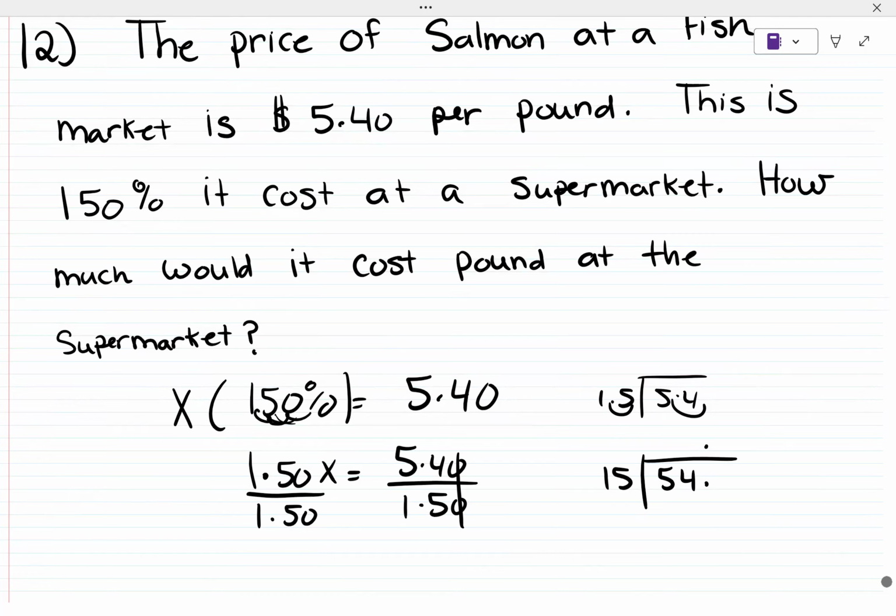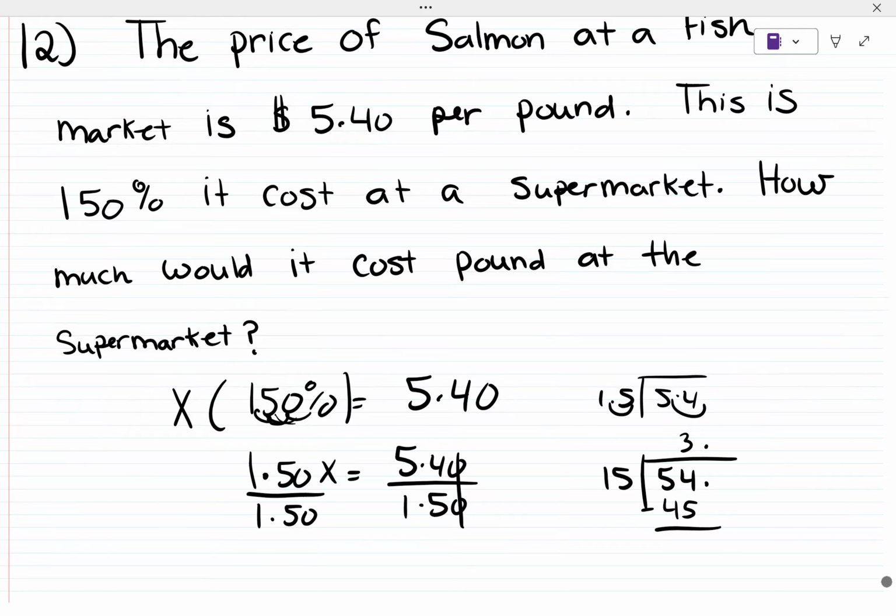Line up the decimal. How many times is 15 going into 54? About 3. So 15 times 3 is 45. 54 minus 45 is 9.